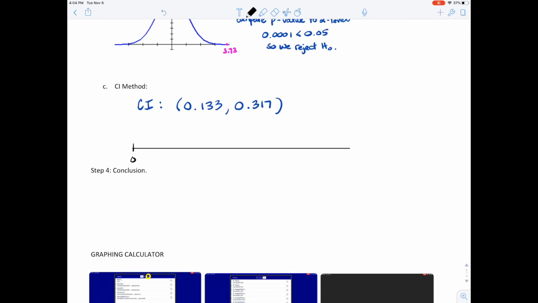So 0, 1, we'll call this 0.5, right? So the interval of likely values that we created goes from 0.133, which is maybe here, to 0.317, which is maybe about here, right? So this is your interval of likely values, right?